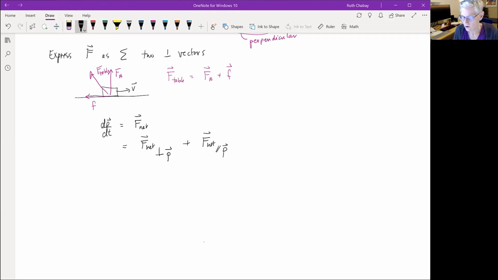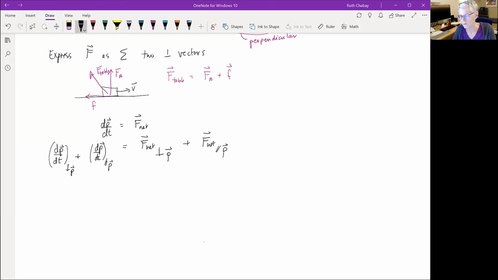And that suggests correctly that we could also write dp/dt, the rate of change of momentum, as a sum of two things. A piece that's perpendicular to the momentum, and a piece that's parallel to the current momentum at this instant.